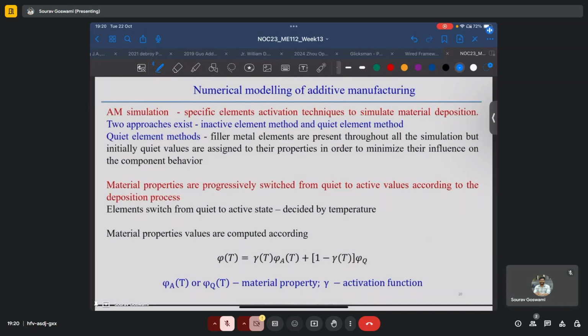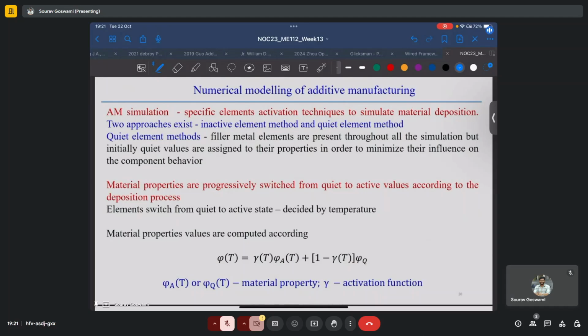However, initially, quiet values, or some very low values or low stiffness, are assigned to their properties so that they do not have a significant impact on the transient properties of the activated material. Thus, their influence on the component behavior is minimized initially.